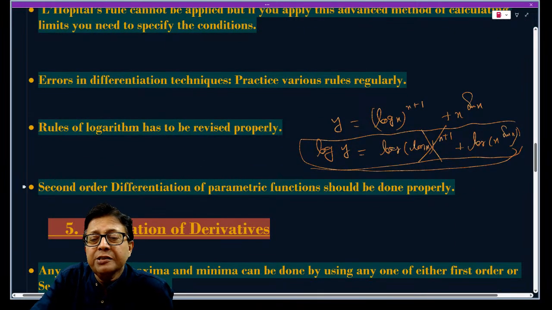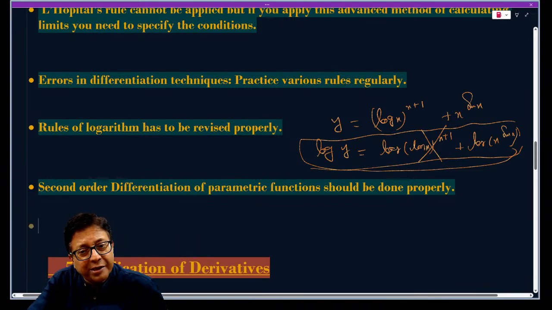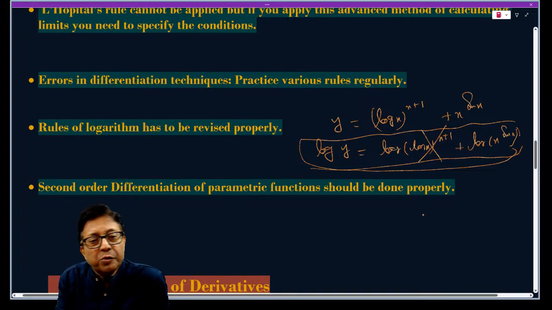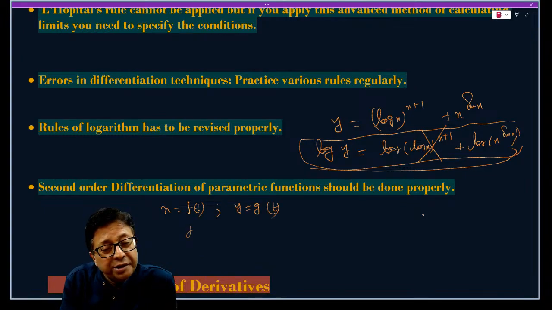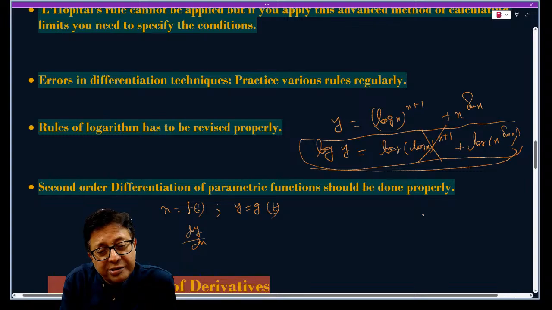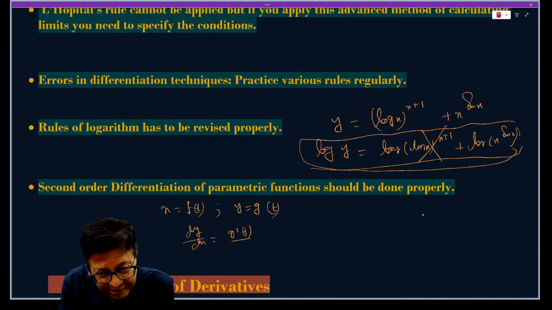Second order differentiation of a parametric function should be done properly. Why am I reminding you this? Because when you have x equal to f(t), well, there is a common mistake I must tell you. y equal to g(t), you write dy by dx equal to g dash t by f dash t.